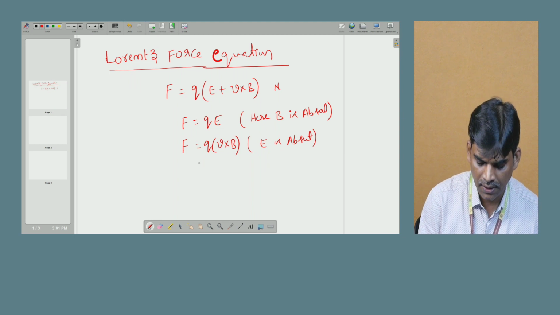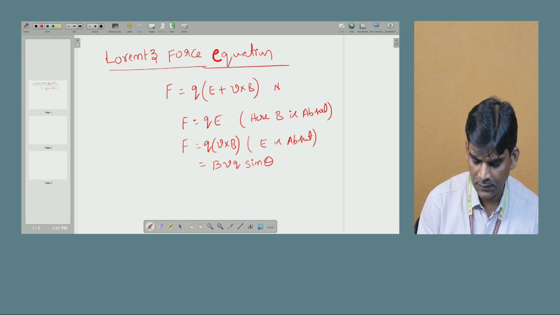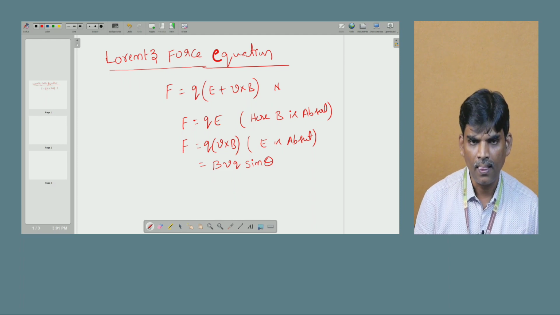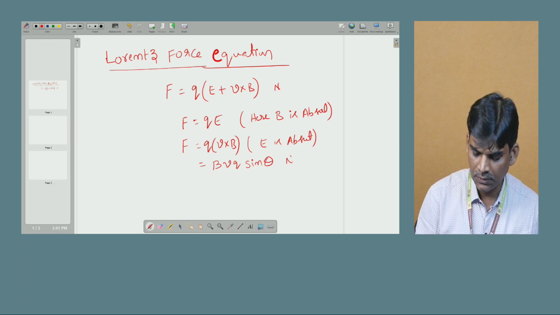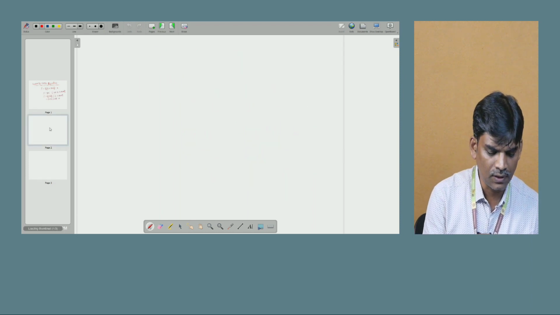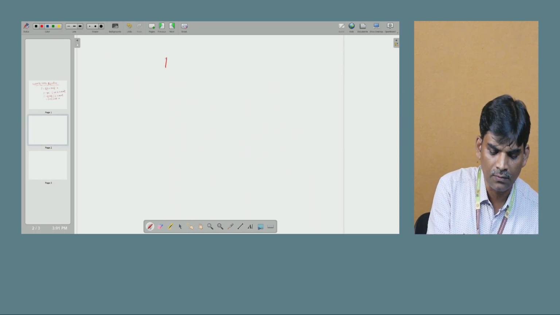So we can simply write it as B V Q sin theta, where theta is the angle between the velocity of the particle and the magnetic field. The unit is newtons. Similarly, the force from the magnetic field is B V Q sin theta.